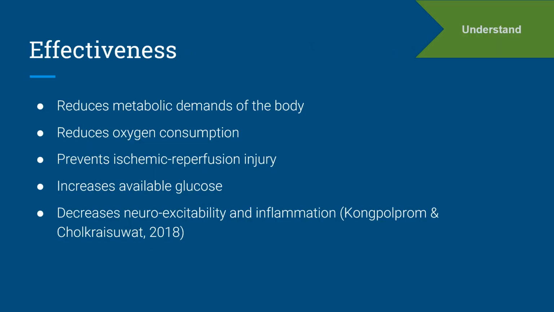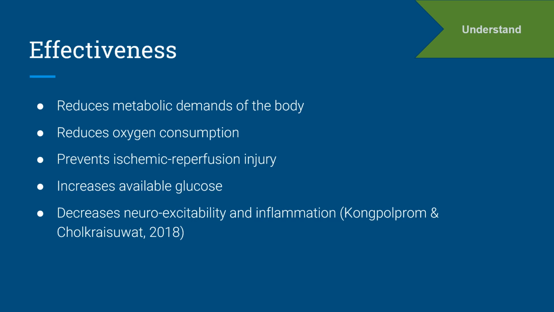The effectiveness includes, is there increased available glucose? We need glucose in order for our brain to sustain optimal function. By there being available glucose, we would be able to reduce the metabolic demands of the body.